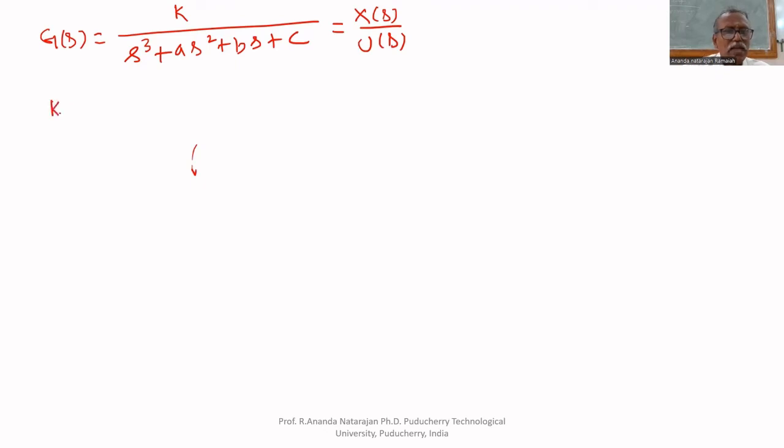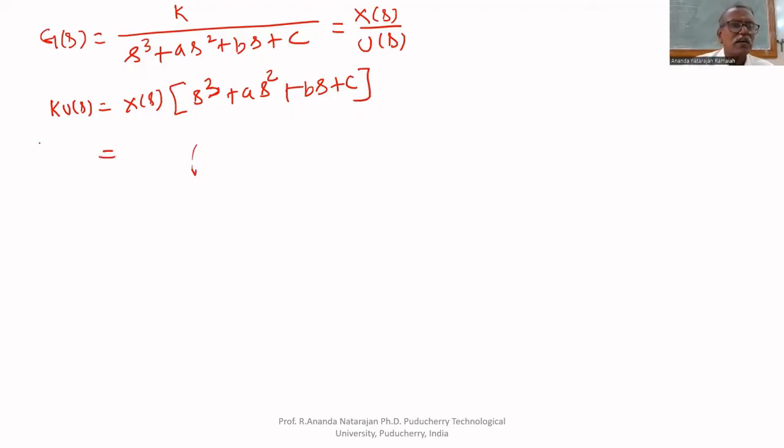Cross multiply: K u of s equal to x of s multiplied by s cube plus a s square plus b s plus c. Or I can say, s cube means what? I want to write in time domain. K u of t, time domain.